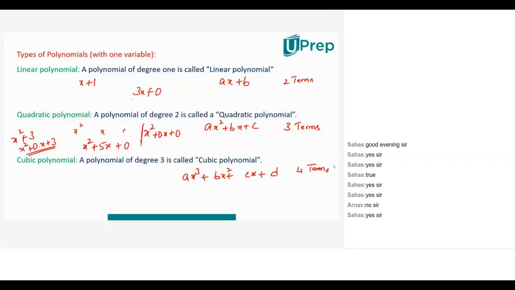Now if I stop here, can somebody tell me what conclusion I want to reach on this? It's clear. First degree, 2 terms. Second degree, 3 terms. Third degree, 4 terms. Can I say the nth degree polynomial will have n plus 1 terms in standard form?